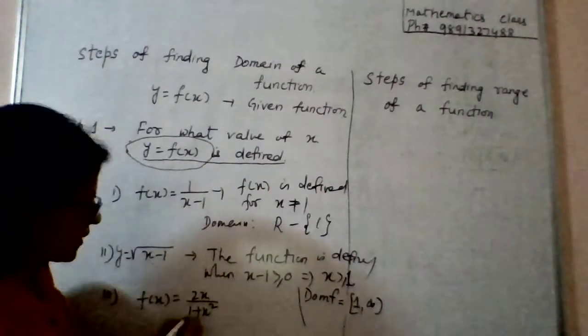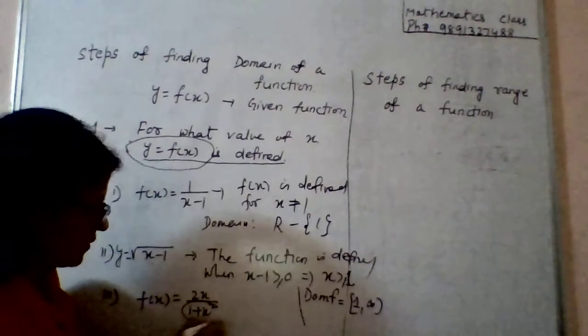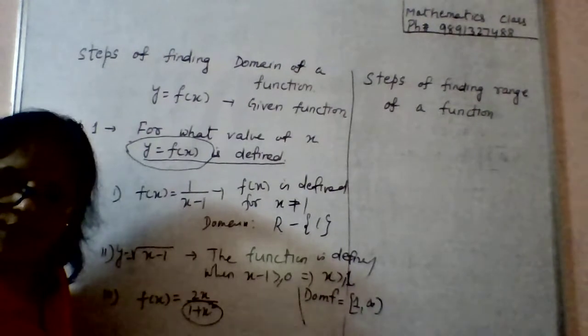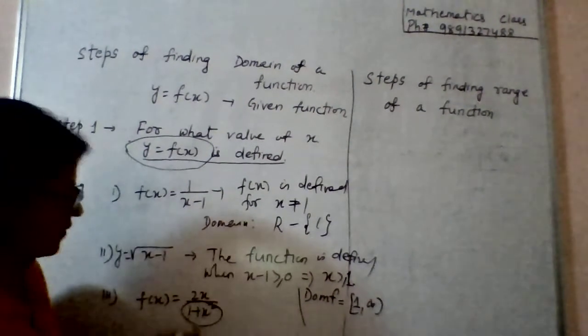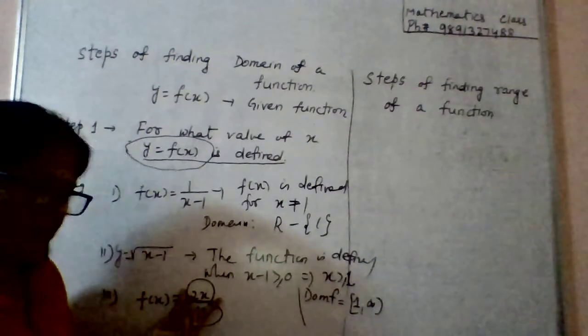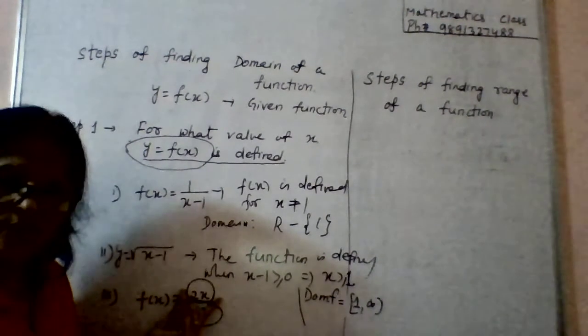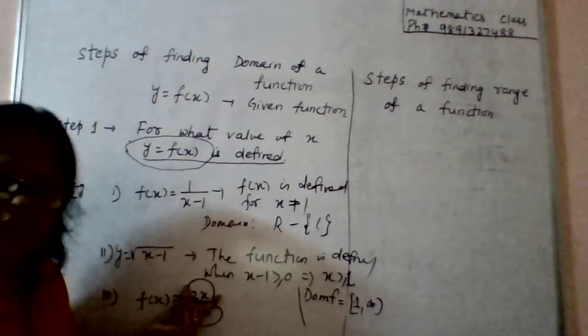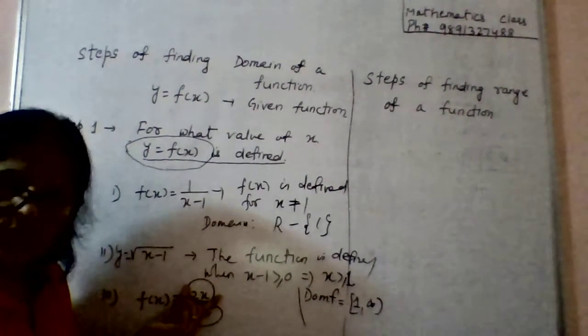Right? So this is not a problem for us. Now we have to see the numerator. It means x can be any real number, because x can be negative, x can be positive, x can be 0 also, no restriction.